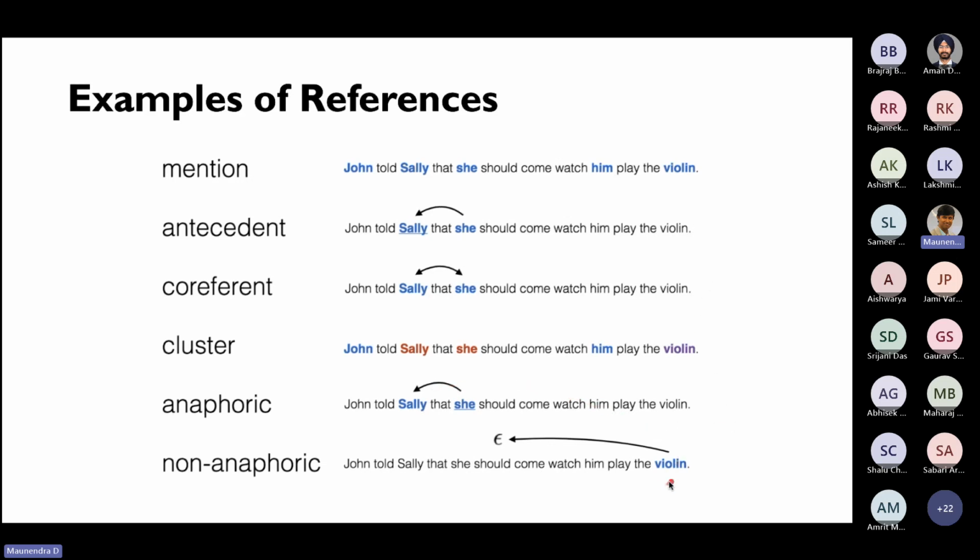If you look at the word violin, it is a mention for sure, but it does not have any anaphora, so it is a non-anaphoric mention. If we are given a sentence, we can identify the different mentions out of it. Then there could be algorithms to determine which of them refer to each other, and from that we can build the co-reference structure.